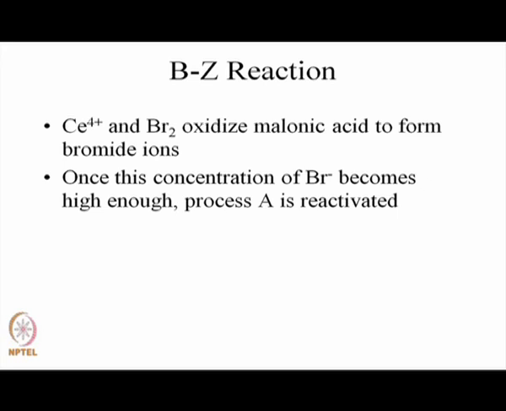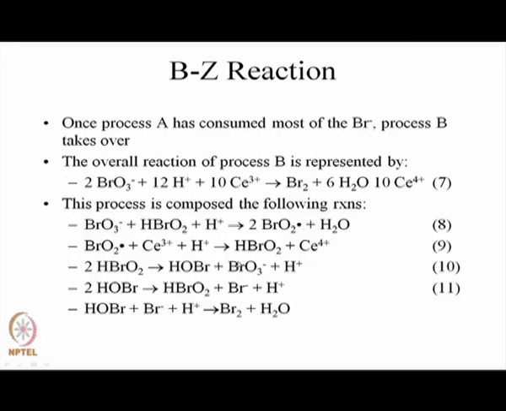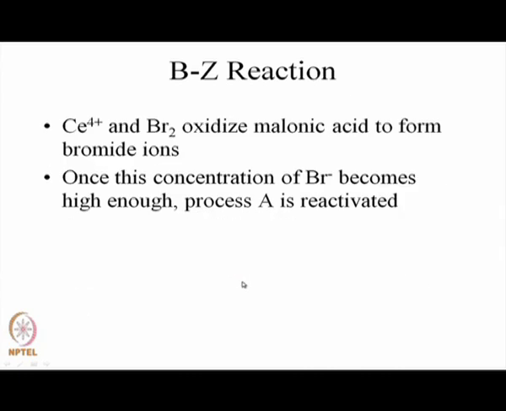So in case of process B, when we started to talk about process B, we told that when Br minus is less, but now if we go back to here, you see here Br minus is generated. So Ce4 plus and Br2 when oxidizes this malonic acid, then again Br minus is generated.